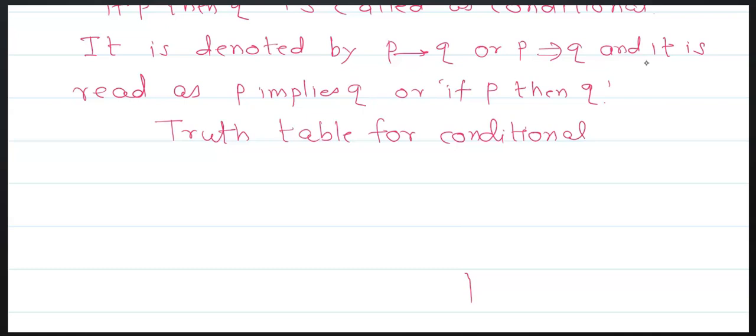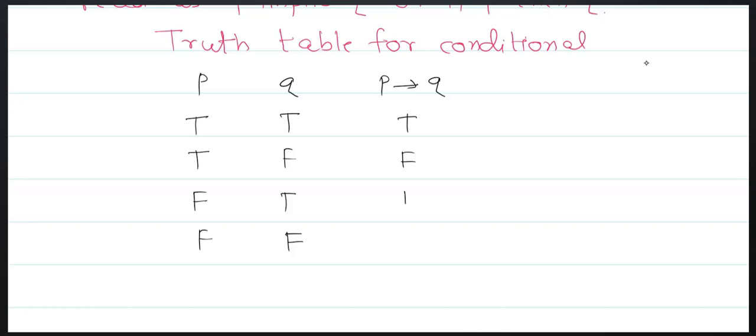Truth table for conditional. That is P, Q, P implies Q. What about P: double T, double F? Q: TF, TF, TF. Now see this, how to remember this table.